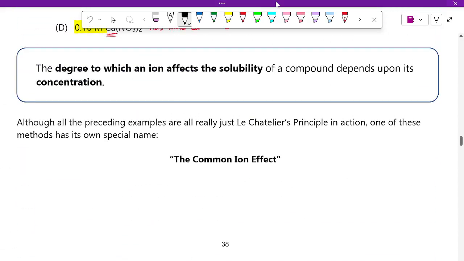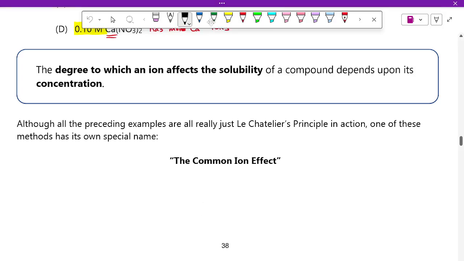Good. Okay, so the degree to which an ion affects solubility depends on its concentration. That's where we left off last day.